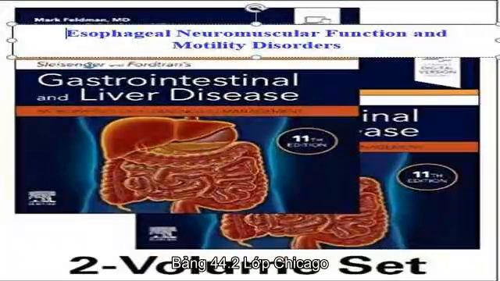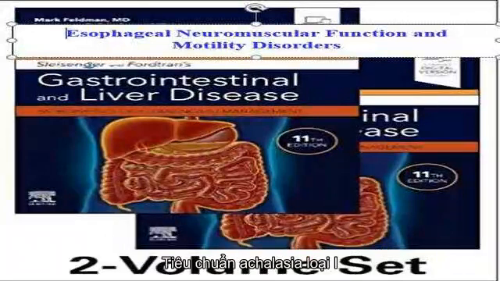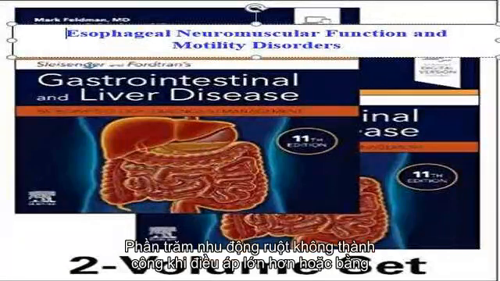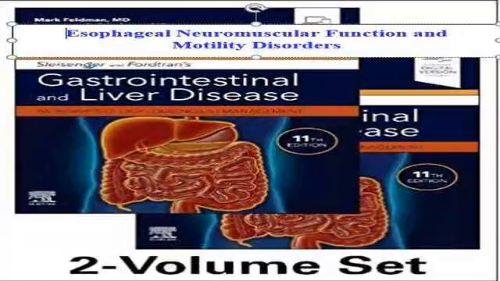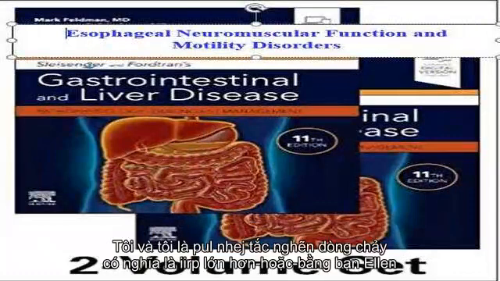Table 44.2 Chicago Classification v3.0 of Esophageal Motility Disorders. Diagnosis, diagnostic criteria. Achalasia type I, classic: 100% failed peristalsis, IRP > ULN. Type II, with esophageal compression: 100% failed peristalsis and panesophageal pressurization with ≥20% of swallows, mean IRP > ULN. Type III, spastic: no normal peristalsis, premature contractions with ≥20% of swallows, mean IRP > ULN.